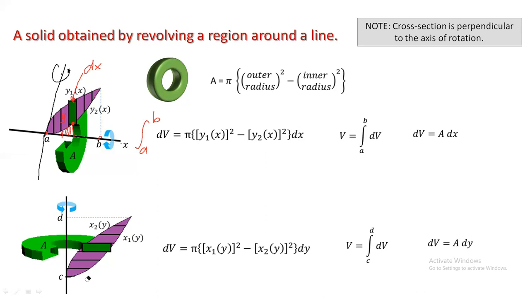So, something like that. If you're not going to rotate it around the x-axis, you're going to rotate it around the y-axis, this particular area that we have still is perpendicular, though not attached, to this chosen axis of rotation. Right? So what is it? This is now dy. This is now your r.